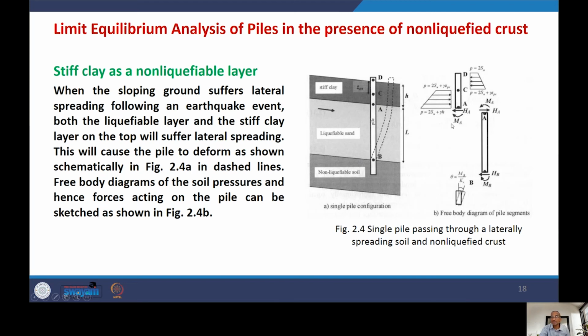Point C is where there is a change in the direction of stresses from top to bottom, so it acts like a fulcrum. Then the horizontal force is denoted as H_A, while the moment is M_A at point A. Because you have action and reaction, only the direction will change. Same thing for the pile tip, you have H_B and M_B and the direction will change.